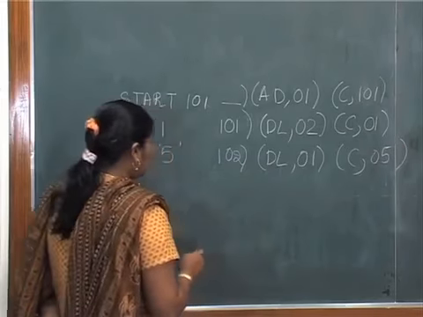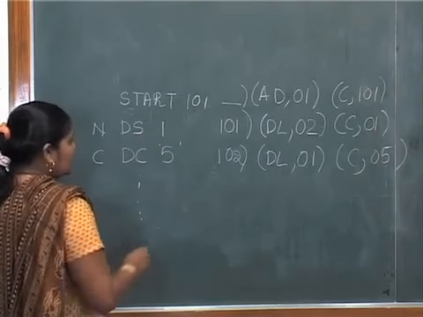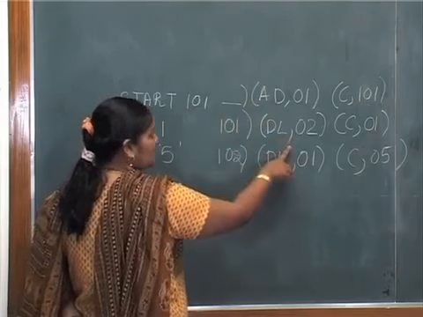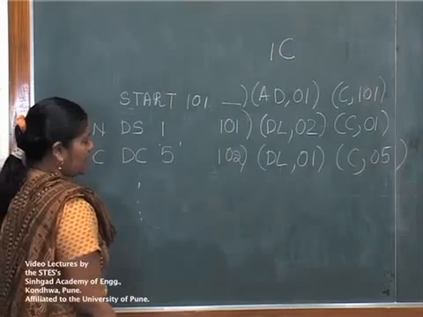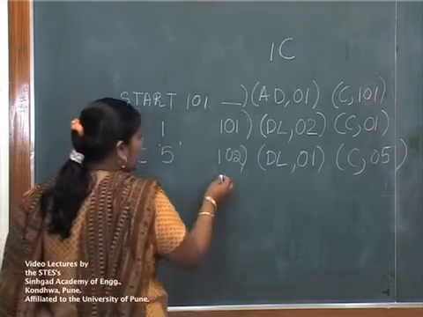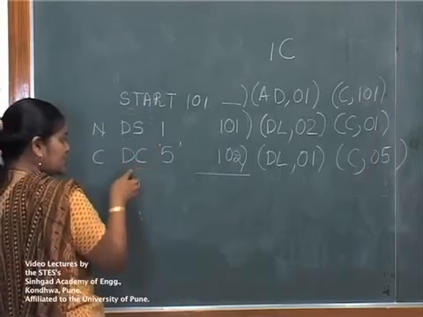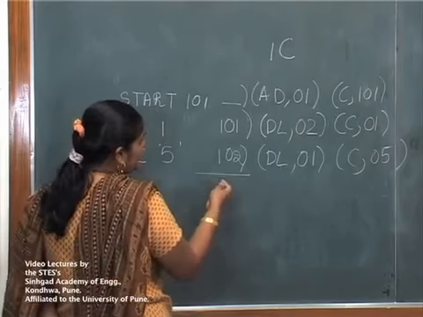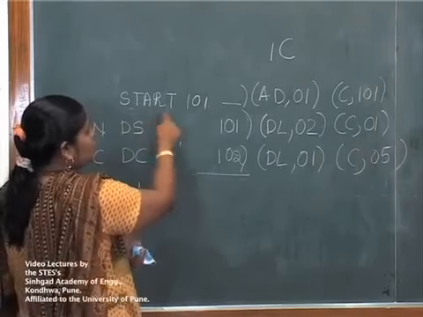Now, if you look at this program, you will see that when the addresses are associated with the intermediate code, the address for this declaration statement could be directly inferred, because this would obviously say start at location 101.